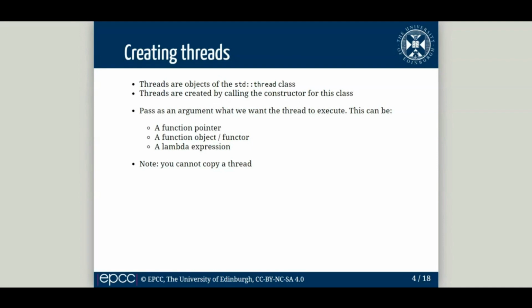Normally, when you create a thread, you send a function to be executed by the thread. Normally you send a pointer to that function. So it could be a function object or a lambda expression.